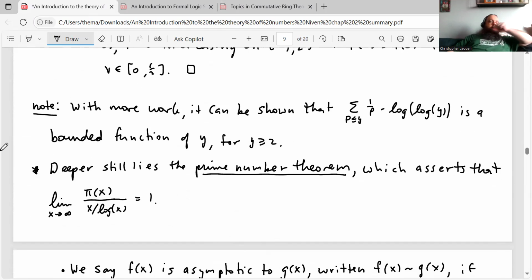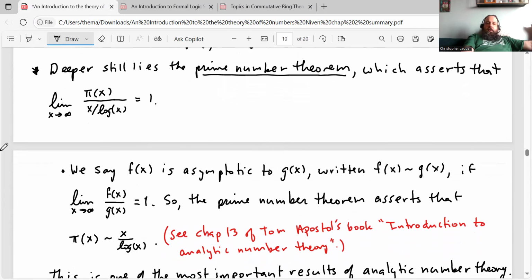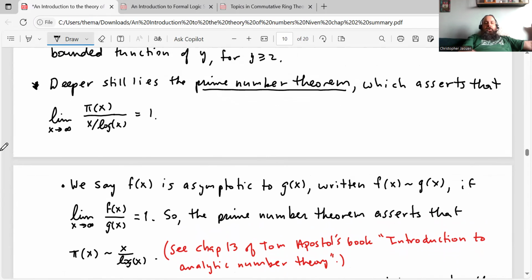So here's a note. With more work, it can be shown that the sum over p less than or equal to y of 1 over p minus log of log y is a bounded function of y for y greater than or equal to 2. And deeper still lies what's called the prime number theorem, which asserts that the limit as x goes to infinity of pi of x over x divided by log of x is equal to 1.